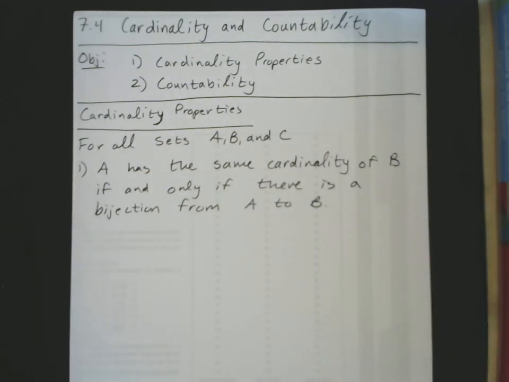So the reason for this is that cardinality, while similar to size, we could have infinite sets, and obviously then those have infinite size. So if we're going to use cardinality to describe sizes, we need a better way to determine if two things have the same cardinality than saying, do they have the same size?